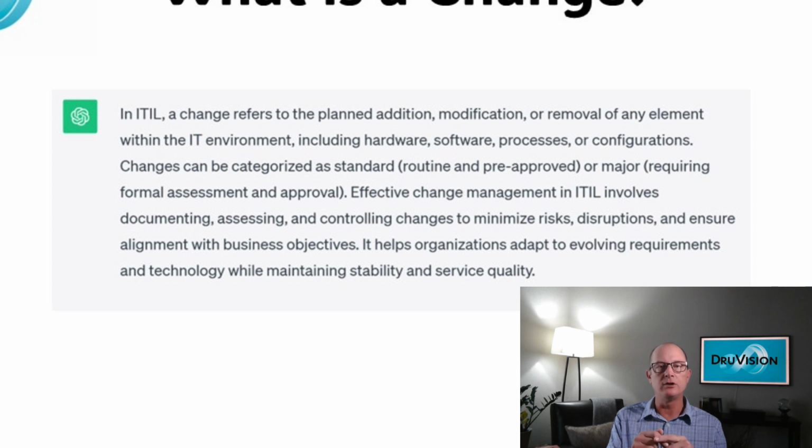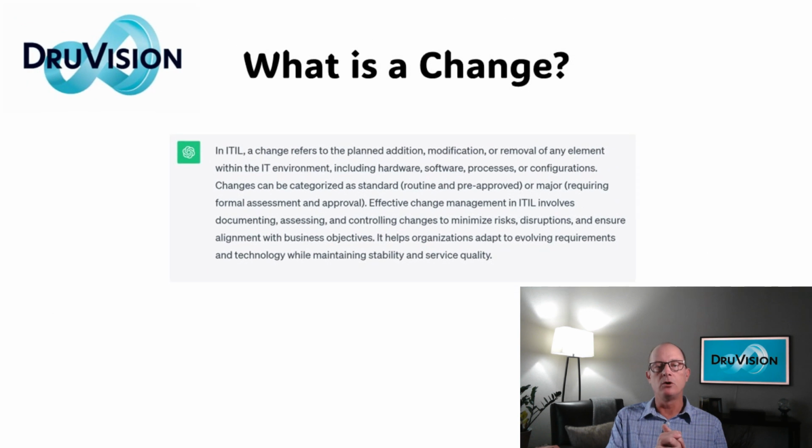That could be technology, software, hardware, it could be processes related to supporting the technology, anything that's a change. Now, it's up to each individual organization to decide what changes merit documentation and the rigors of following the process, whether I'll call it a standard change or a routine change, or a large scale, like projects change.